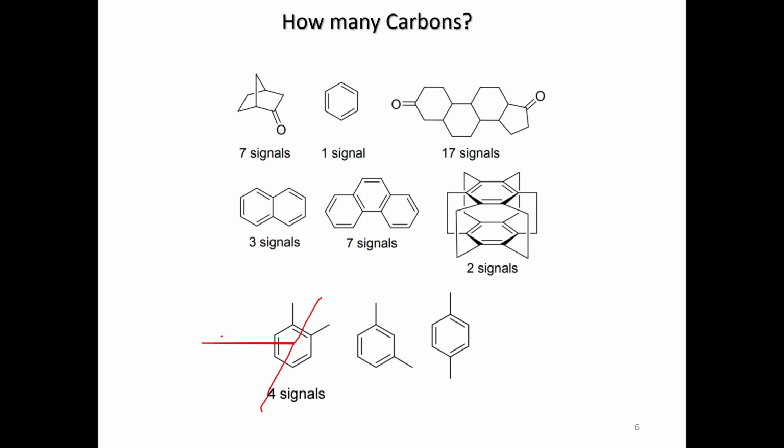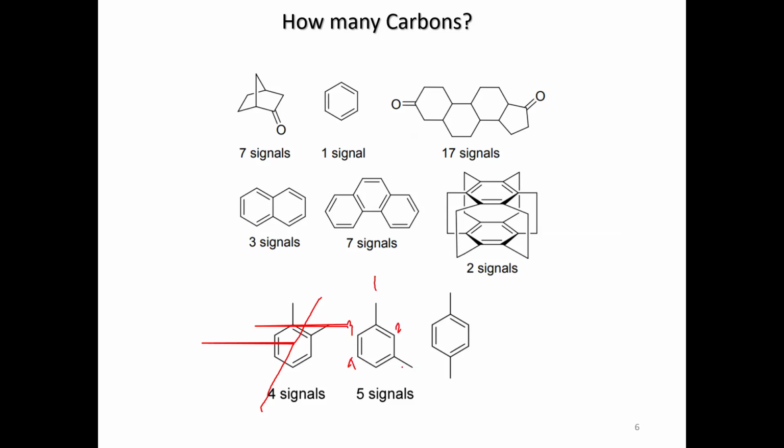What about the meta? The meta is the least symmetrical one. Meta, 5, because some of them eventually are the same, especially these two are equivalent. If there are two methyl groups, they are exactly equivalent. The ring as well, instead of having 6 different ones, these two are symmetrical, these two are symmetrical, but these two are different. So 1, 2, 3, and 4. All the rest is symmetry.